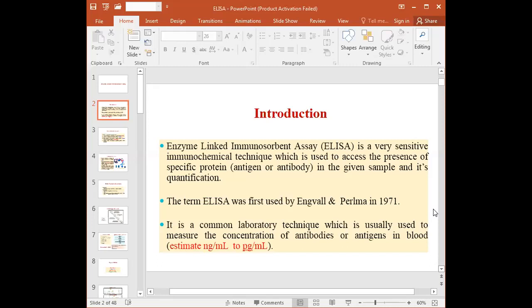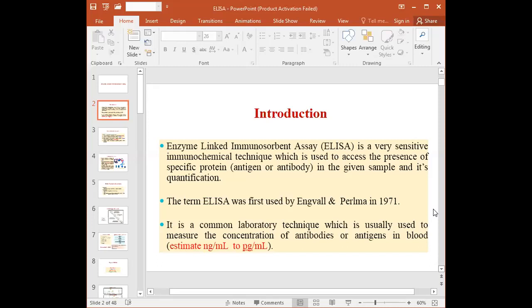The enzyme is conjugated with an antibody and reacts with the substrate, which is generally a colorless substrate, to generate a chromogen, meaning a colored end product. A number of enzymes have been employed for this purpose, including alkaline phosphatase, horseradish peroxidase, beta galactosidase, and so on.